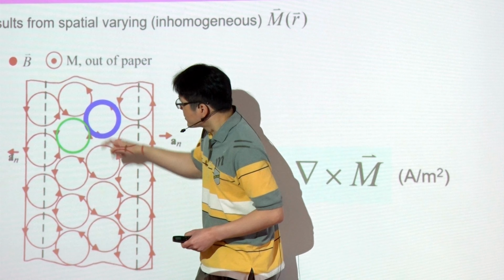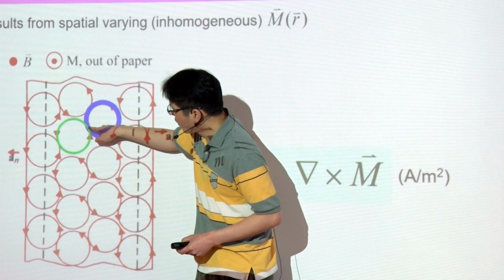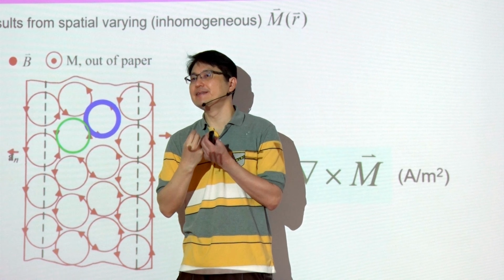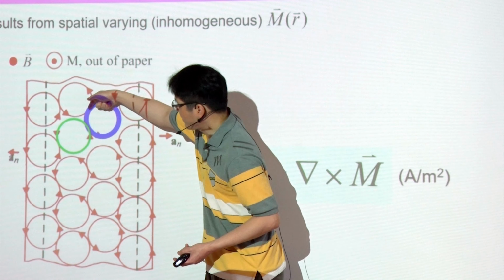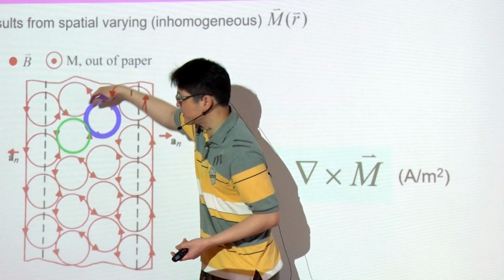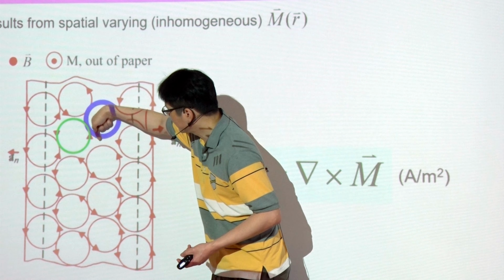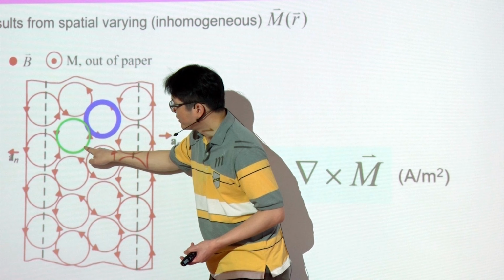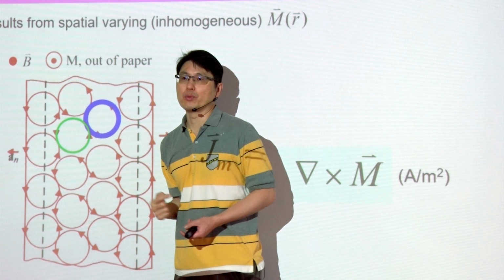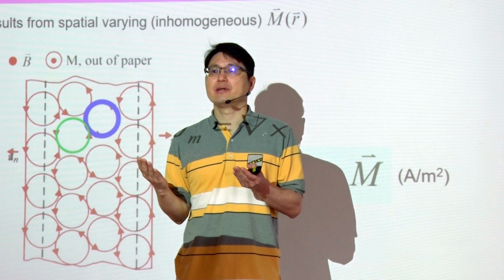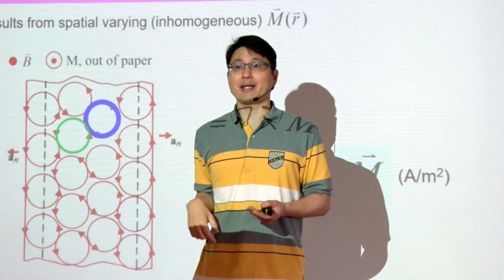Right? So now you think, well, at this location, at this point, do you have a net current? You do. Because, for example, for this one, it has 5 units of current flowing downwards. But from this green one, you only have 1 unit of current flowing upwards. So basically, you have 4 units of current flowing downwards.